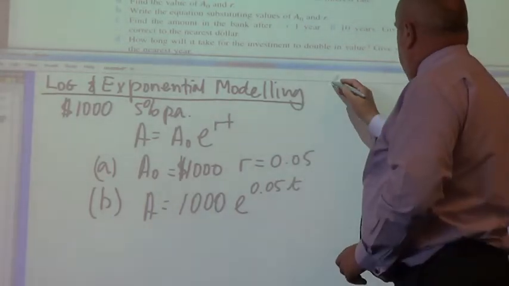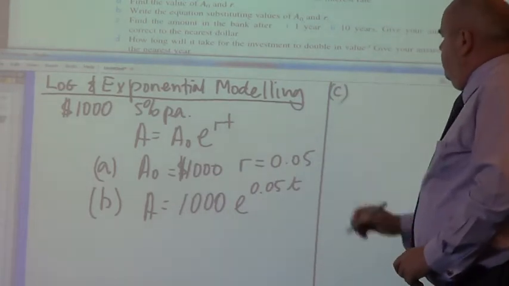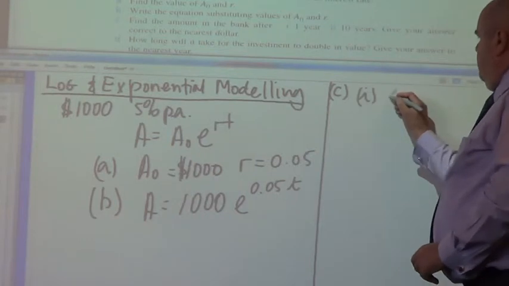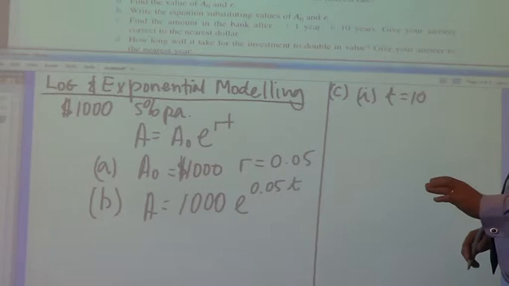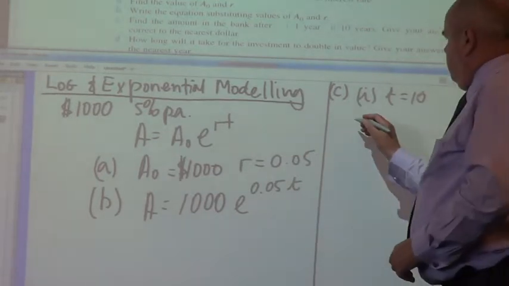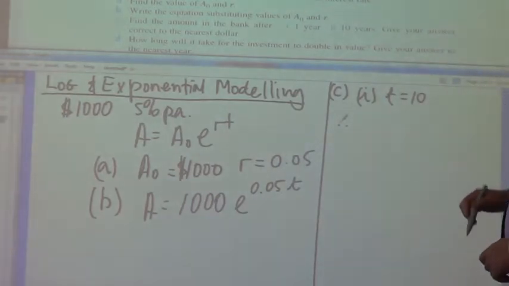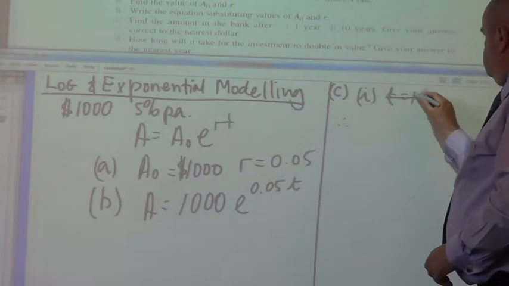Okay, so I'm a bit pressed for space here, so if I make use of this I should be okay. 10 years, well that means t simply equals 10 and we'd substitute that into our equation. Sorry, the first one should have been 1 year, shouldn't it? t equals 1.